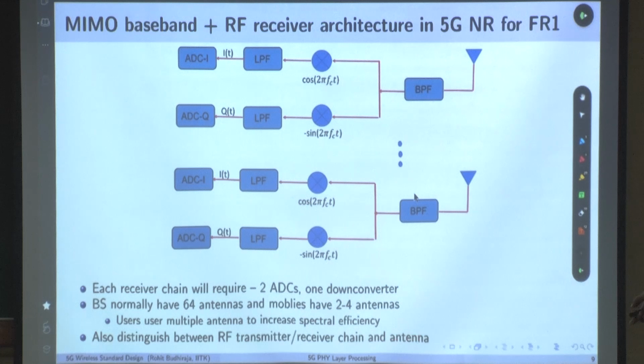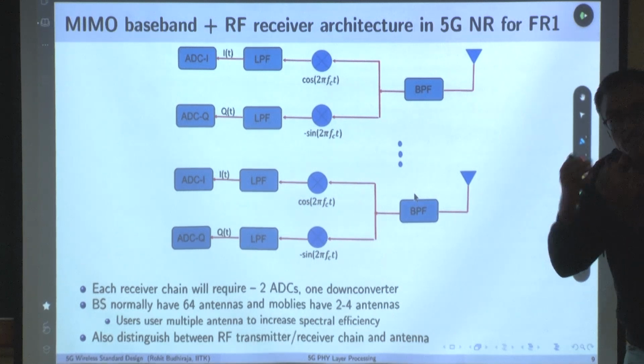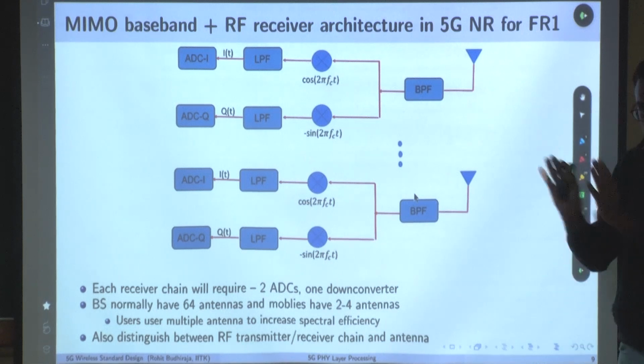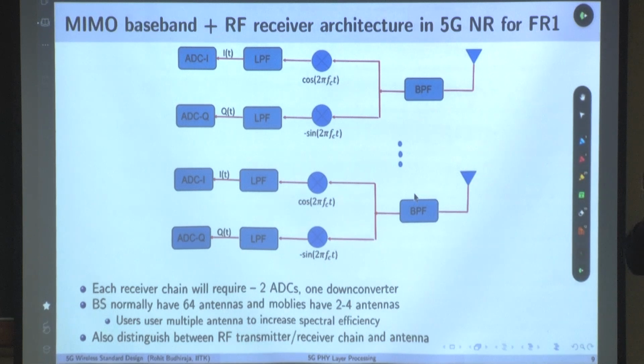We also have to distinguish between the RF transmitter-receiver chain and the antenna. I said complete digital architecture: this kind of architecture is completely digital, wherein each antenna is connected to a separate RF chain. So we have to start distinguishing between the antenna and the RF chain, because when I talk about FR2, you will see that multiple antennas share a common RF chain.